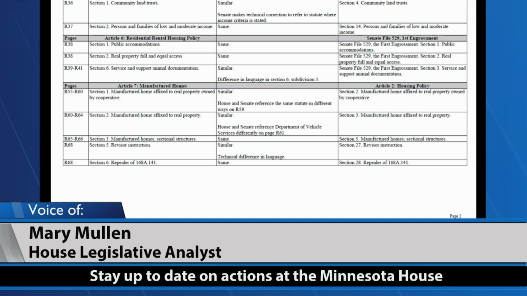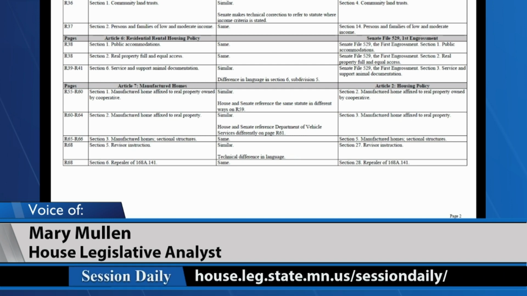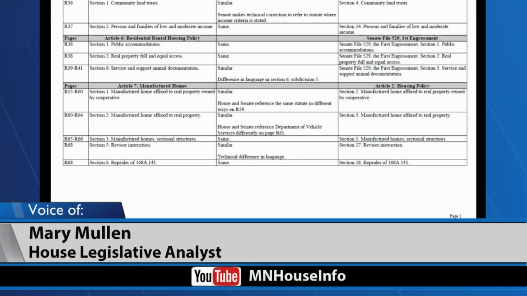So sections 1, 2, and 6 of the House language are on R38, R39, R40, and R41. The Senate language is actually in their bill. The first two sections are the same, and the third section has one very small language difference.